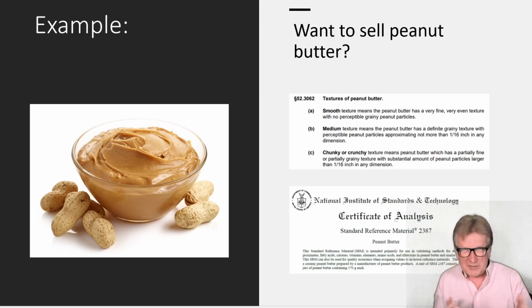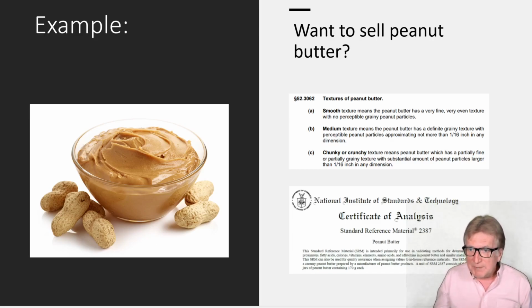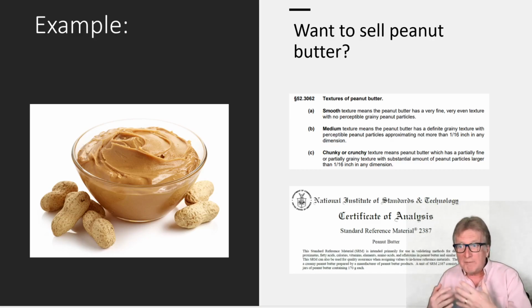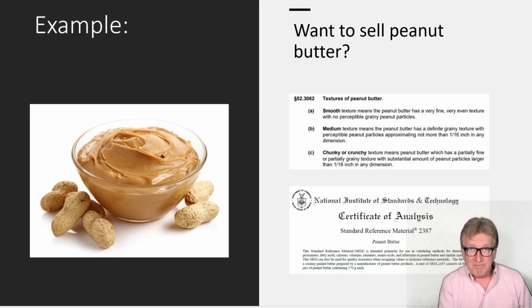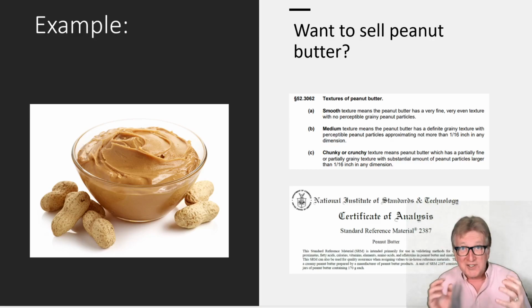I've always wondered about this: what differentiates smooth or medium texture peanut butter from chunky? If it is chunky or crunchy peanut butter, both of those terms are acceptable, there needs to be a substantial amount of peanut particles larger than 1/16 of an inch in any one dimension. So there are standards that dictate the chunkiness of your peanut butter.